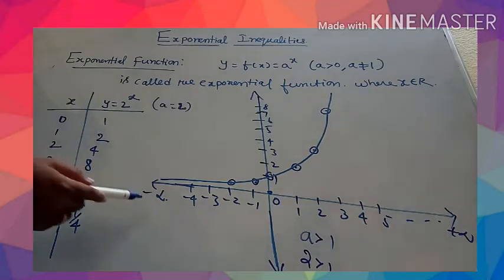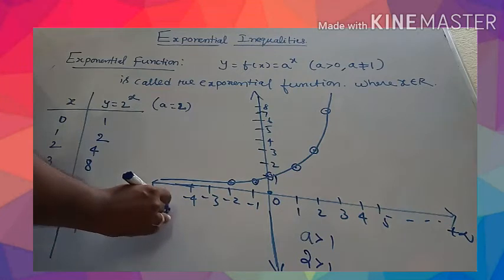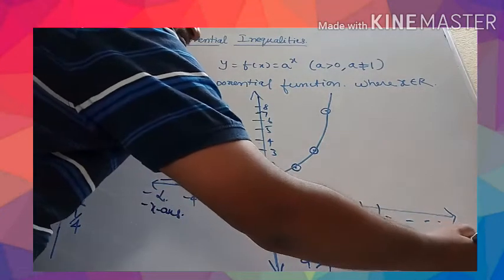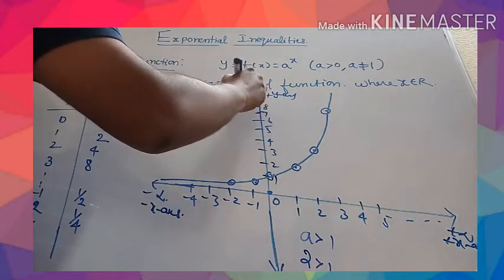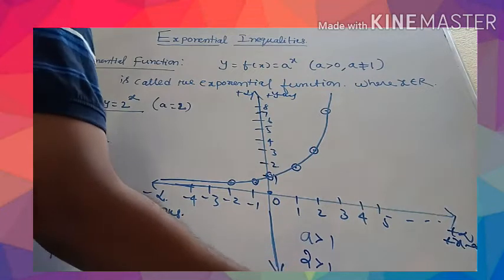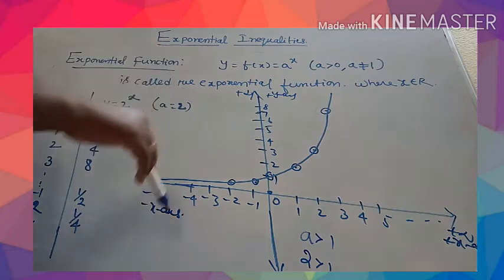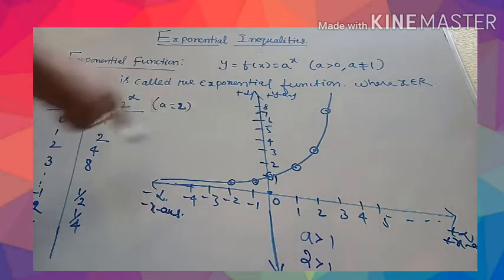Now those we will plot on the graph. This is the negative x-axis and this is the positive x-axis, right? This is the positive y-axis, that is plus infinity, and this is minus infinity, the negative y-axis. This is the total coordinate plane.